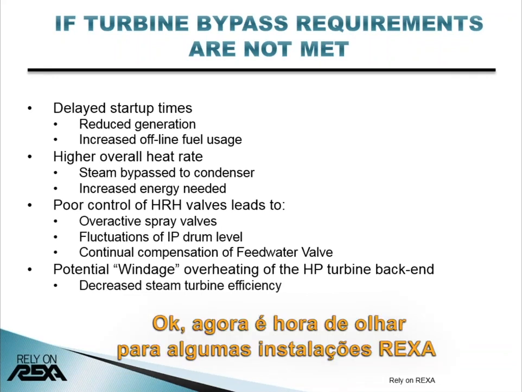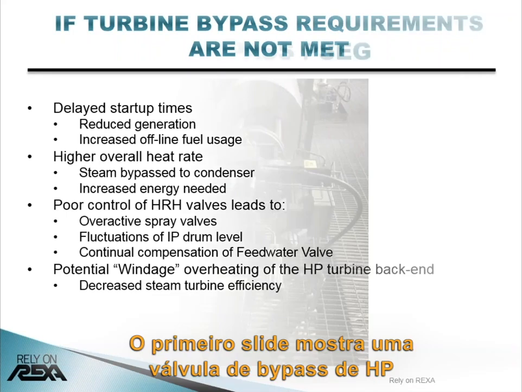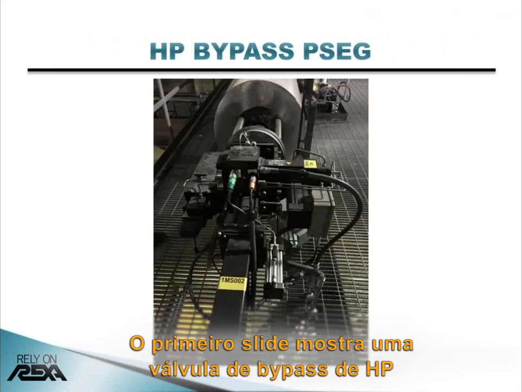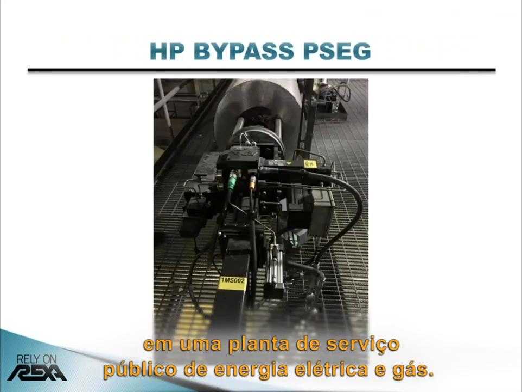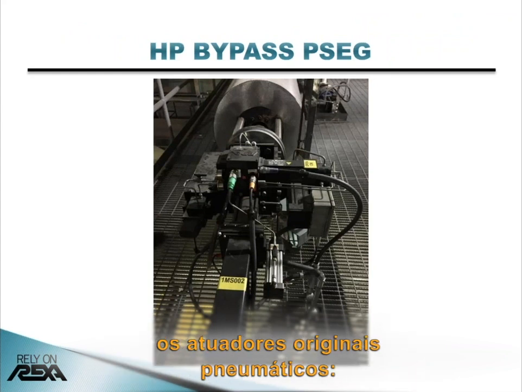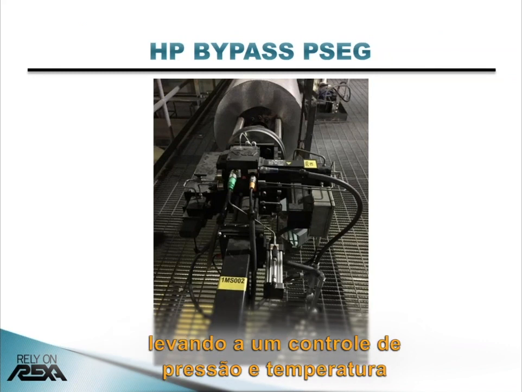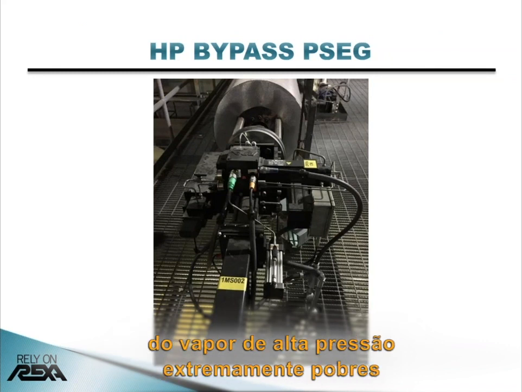Okay, now it's time to look at some REXA installs and how we were able to improve plant performance. The first slide shows an HP bypass valve at a Public Service Electric and Gas plant. We were advised of two big issues with the original pneumatic actuators. Valve positioning was not repeatable, leading to very poor HP steam pressure and temperature control.